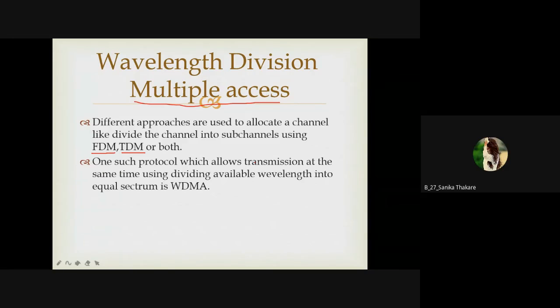How are FDM and TDM working? Yes, Saloni.